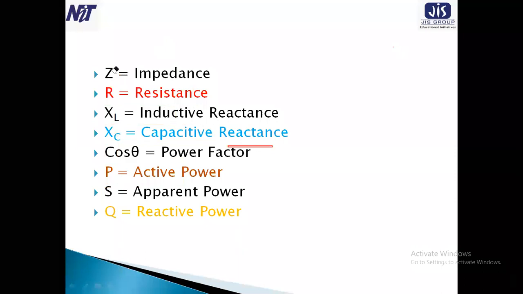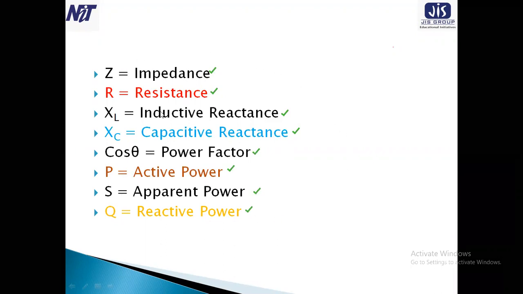Now, Z equals impedance, R equals resistance, XL equals inductive reactance, XC equals capacitive reactance, cos theta equals power factor, P equals active power, S equals apparent power, and Q equals reactive power.